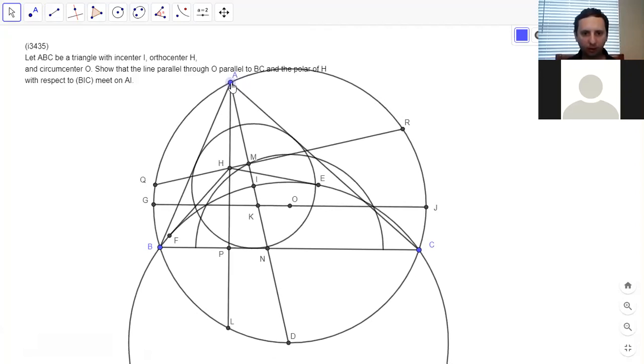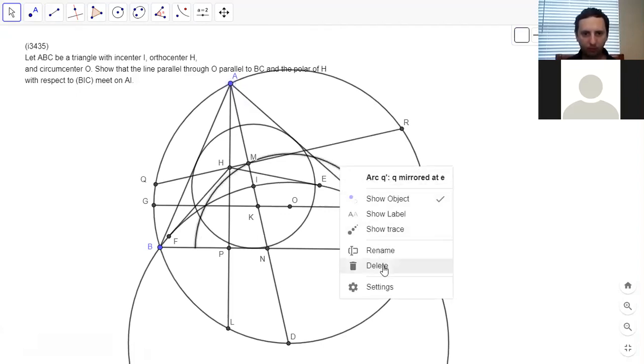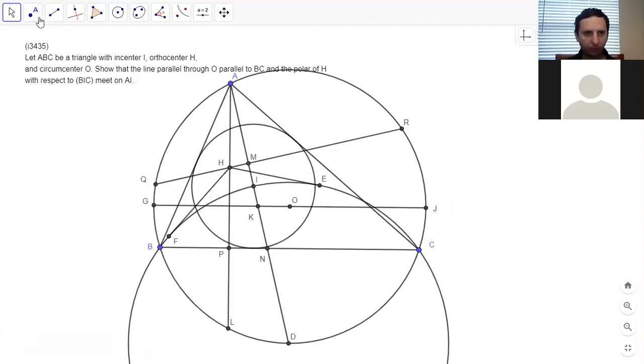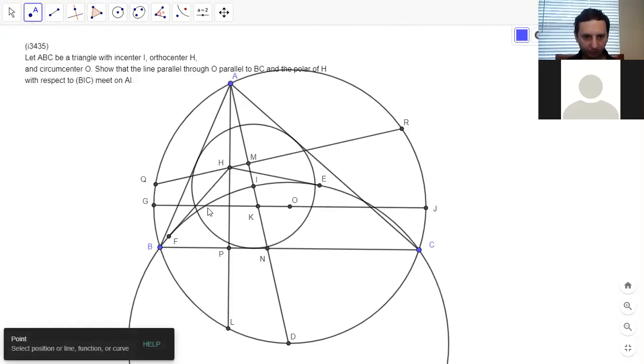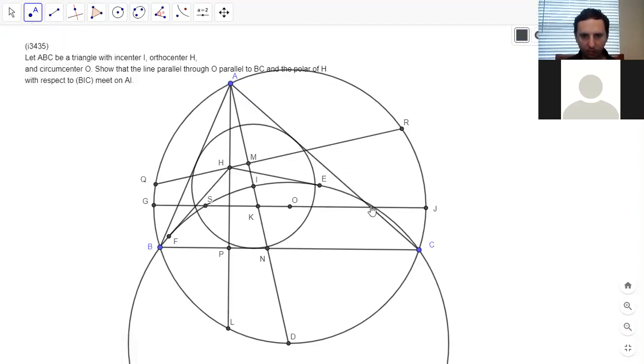Interesting. Okay. So maybe I should label these points this and this. Oh, but it has to. Yeah, that's obvious.